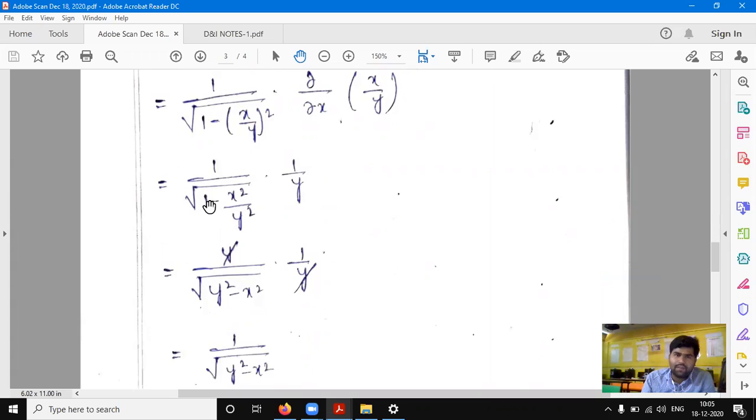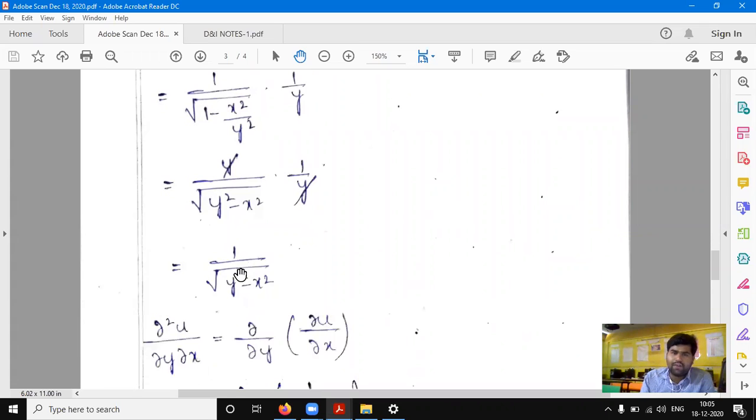So that is 1 by under root of 1 minus x square by y square. Again you have to do cross multiplication: y square minus x square. Taking the root outside becomes y only, because the root and square get cancelled. So y by under root of y square minus x square into 1 by y. The y gets cancelled. So that is equal to 1 by under root of y square minus x square.